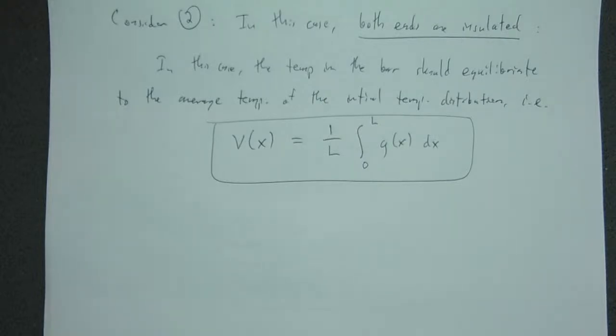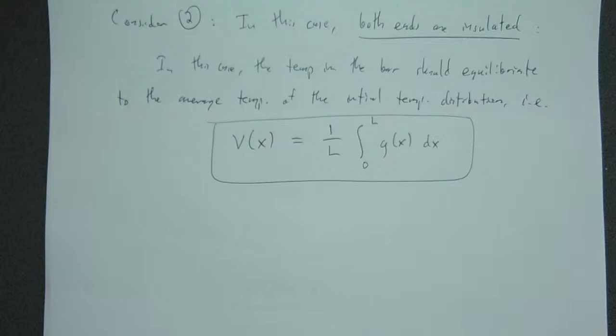Now maybe at first, more loosely, you just expect it to equilibrate to some temperature. But if you think about it for a second, what should that temperature be? Recall here we're not given a temperature at either end. We're only told that the ends are insulated.